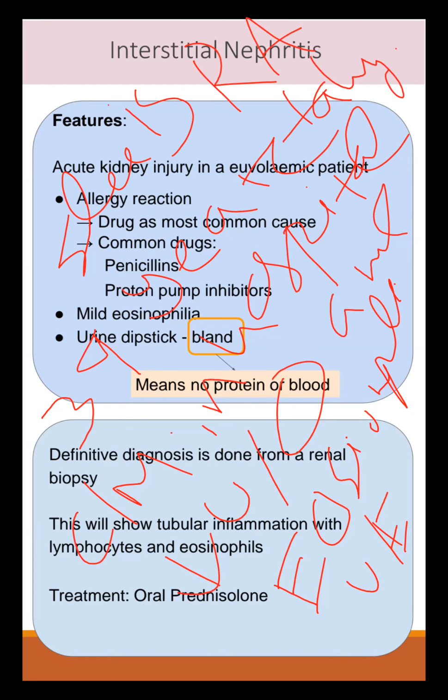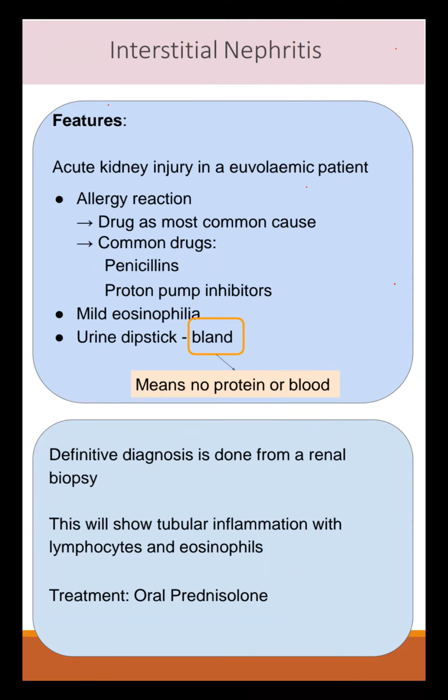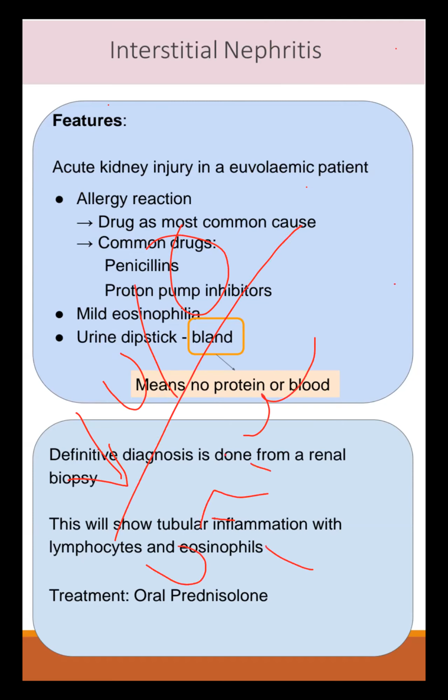Okay, ma'am. 34 years old, known case of rheumatoid arthritis and on methotrexate. She came to hospital with eosinophilia and decreased urine output, and the blood test reveals eosinophilia, and the urinary test reveals ESR and CRP high.